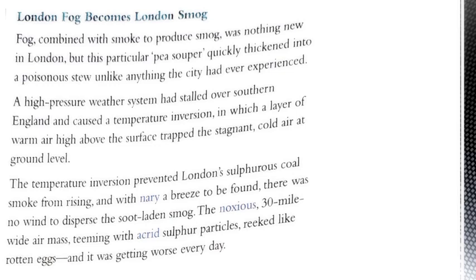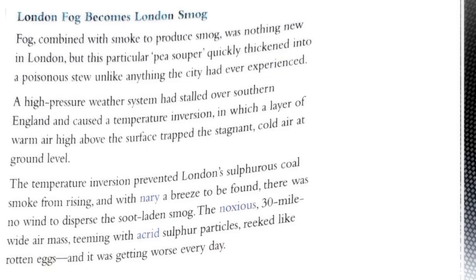The high pressure system covered southern England, and the temperature changed. A layer of warm air high above the surface, that means our atmosphere, the thick blanket of air, trapped the stagnant air. Stagnant means without motion or flow. So the cold air was trapped under the warm air, and it felt humid.